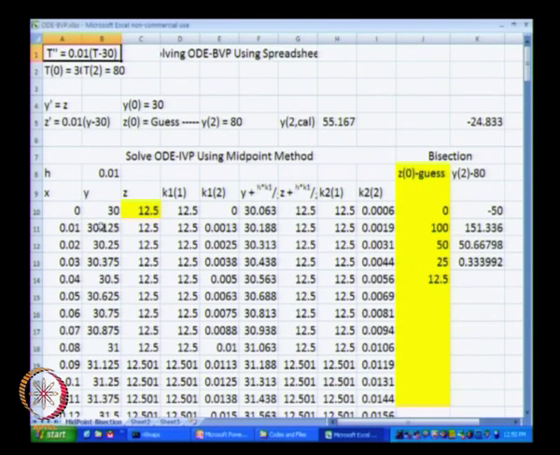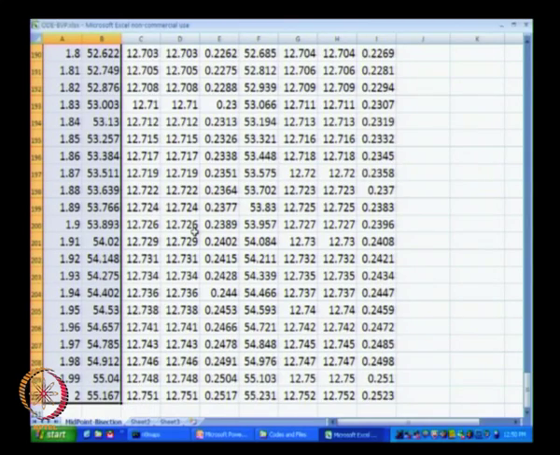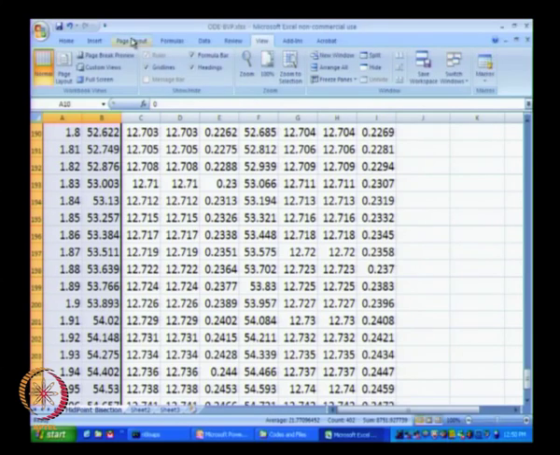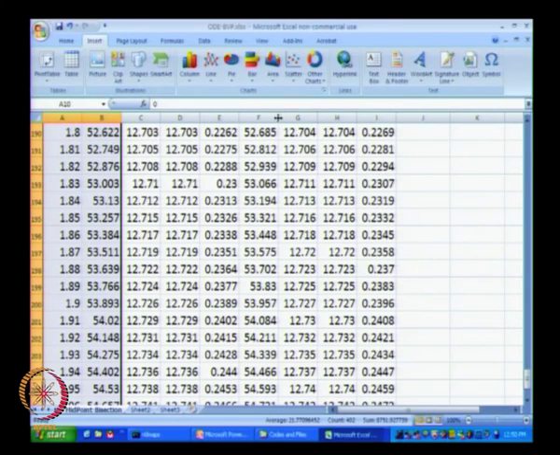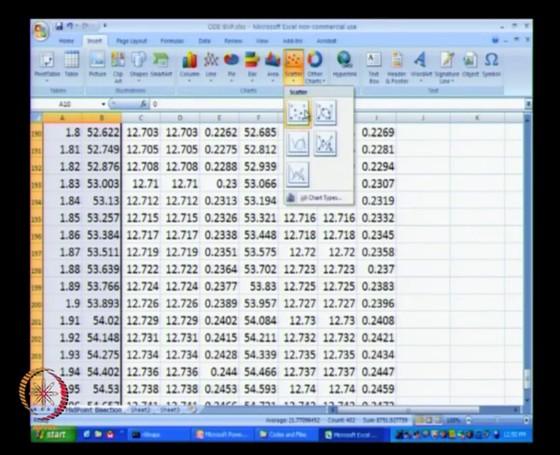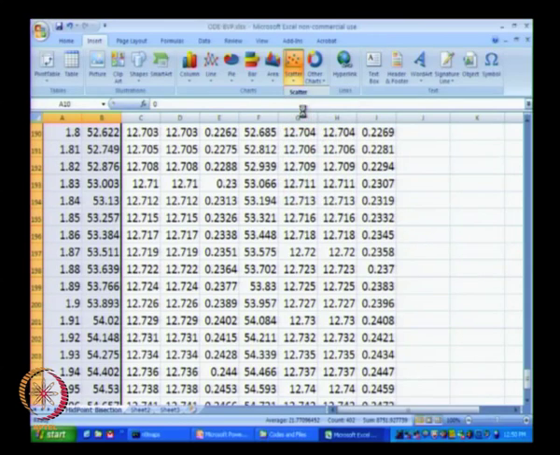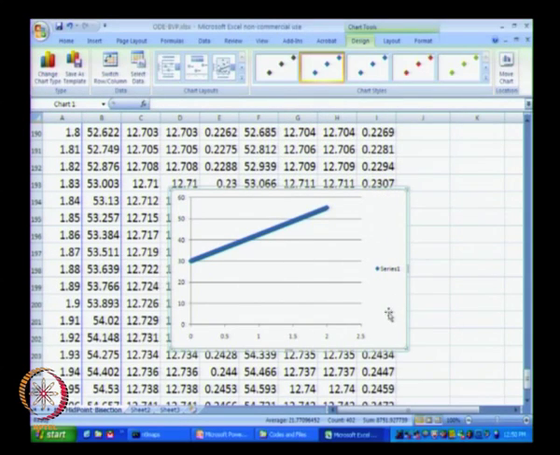What I will also do is plot the temperature. Okay, I will do insert and a scatter plot, as we used to do before. We will do a temperature versus the location plot.